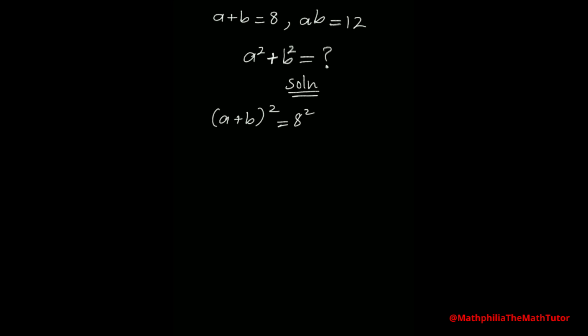Well, we are going to square both sides of the first equation. That's a plus b squared is equal to 8 squared. For those of you who don't know how to expand a plus b squared, a plus b whole squared is the same as a plus b multiplied by itself twice.